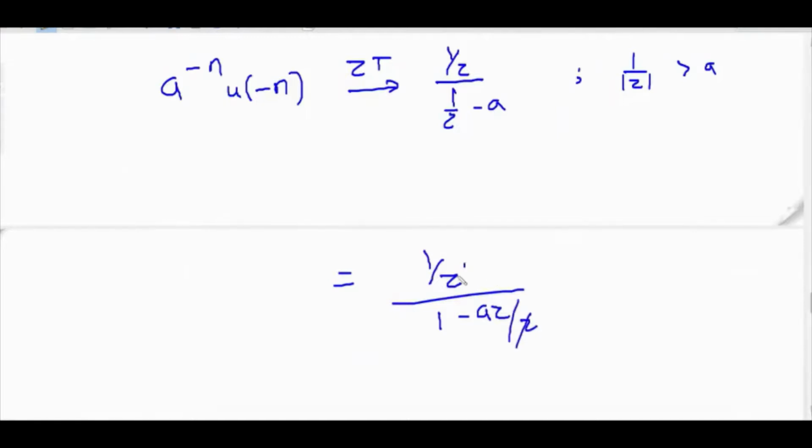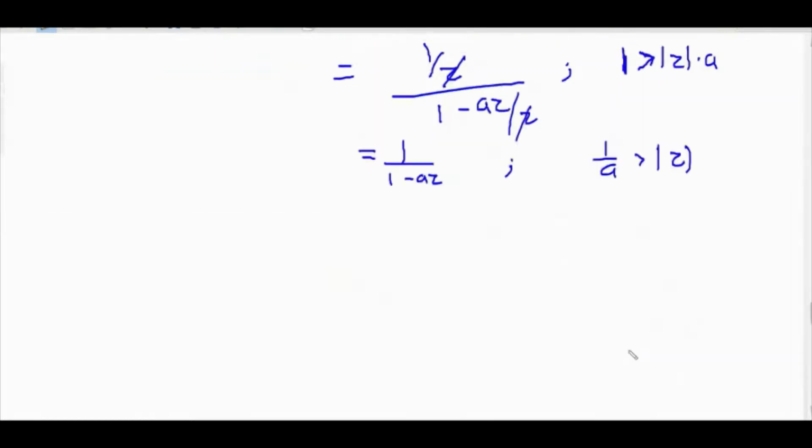This z gets cancelled out, and on this side 1 is greater than magnitude z into a. So our answer is 1 upon 1 minus az, and here it will be 1 by a is greater than magnitude z.